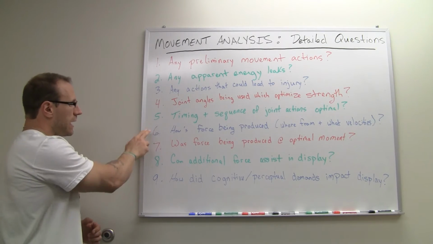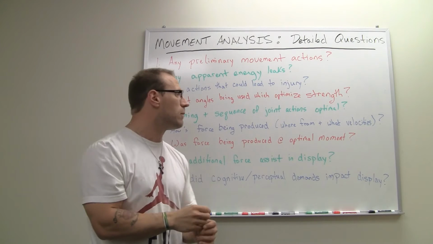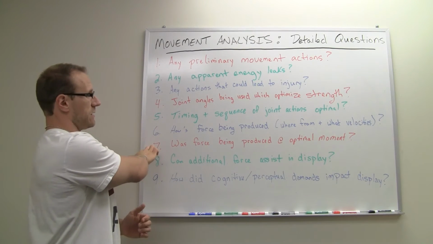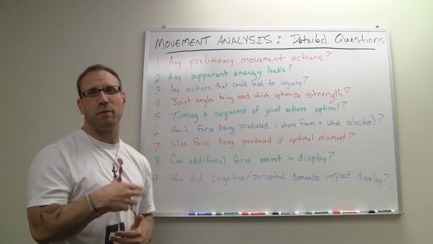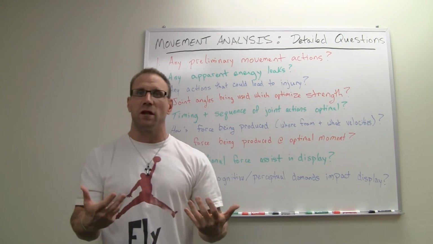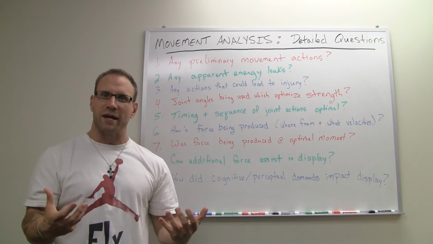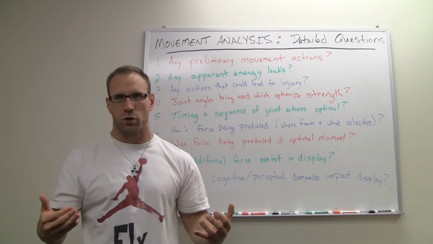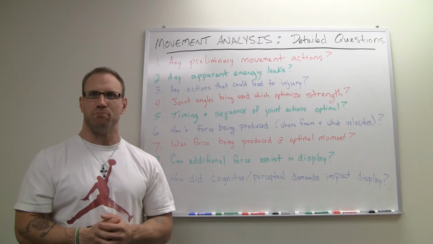Number 7 here kind of builds on number 6: was force being produced then at the optimal moment? This also takes into consideration number 4, which was: were there joint angles being used which will optimize strength? Because again, remember, as some of the laws of dynamic correspondence would tell us, the accentuated region of force production is vitally important to ensuring that we optimize movement.